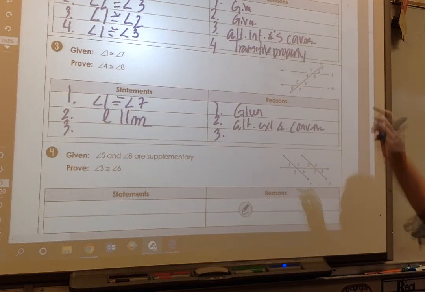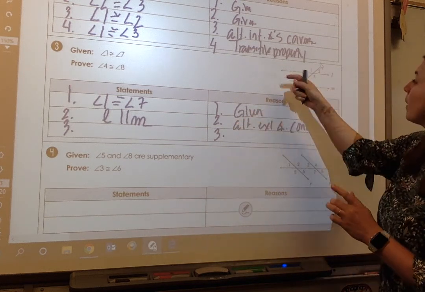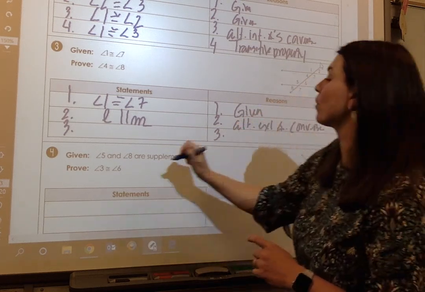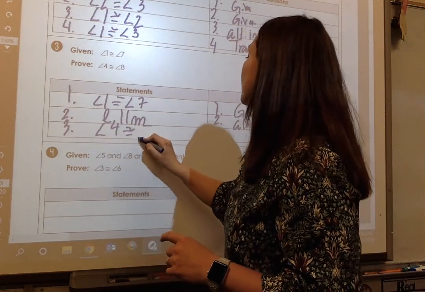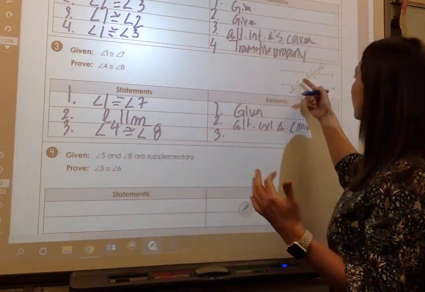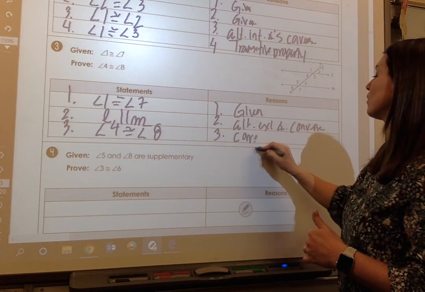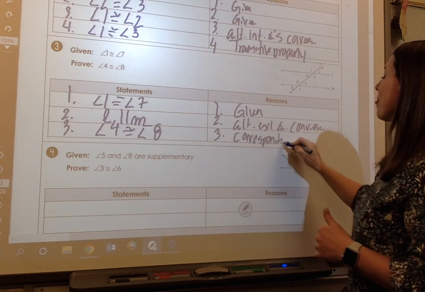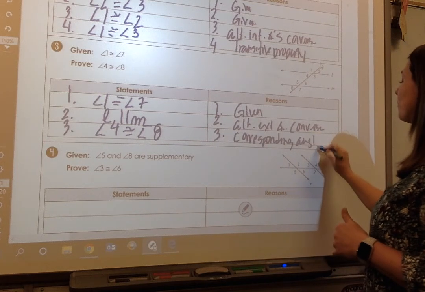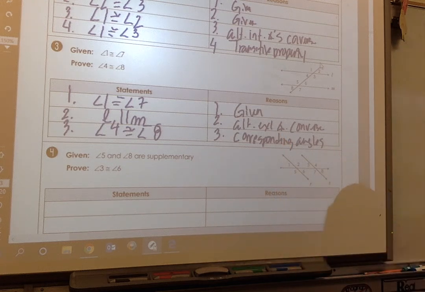And now that I know that line L and M are parallel, I can say that angle 4 is congruent to angle 8 because of corresponding angles. So that was quick and easy on that one.